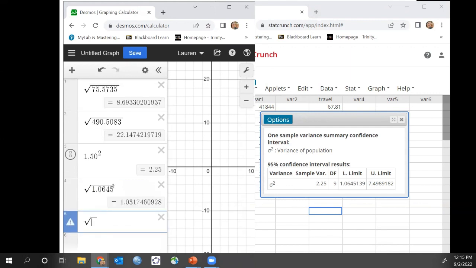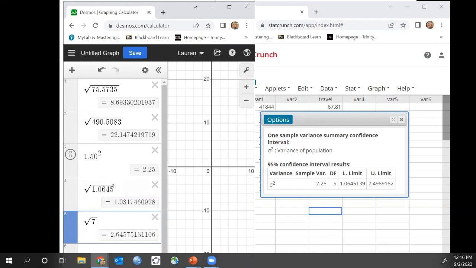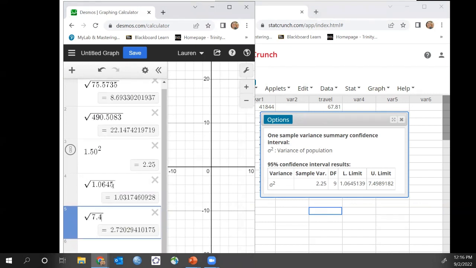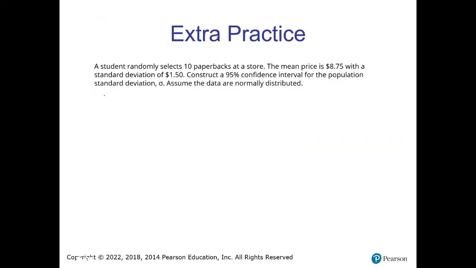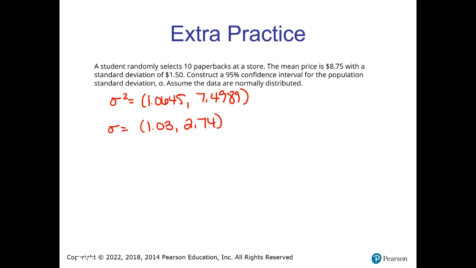And the square root of the larger one, 7.4989. So 2.74. What it gave us was 1.0645 and 7.4989 for variance. So we want the standard deviation, which is the square root, 1.03 to 2.74.